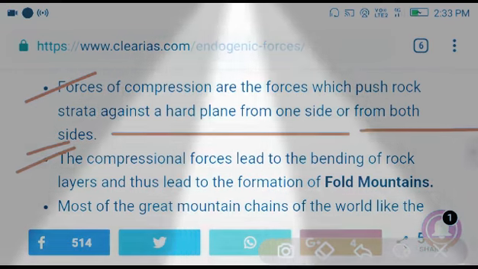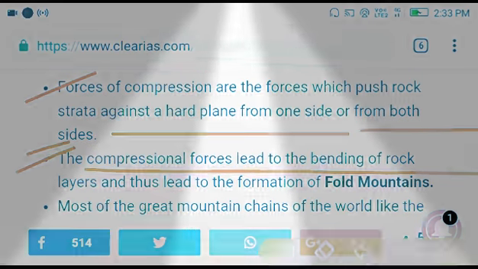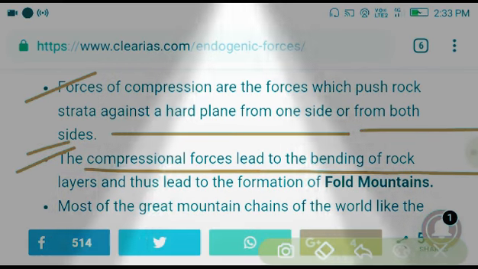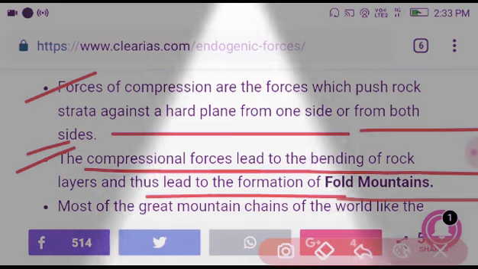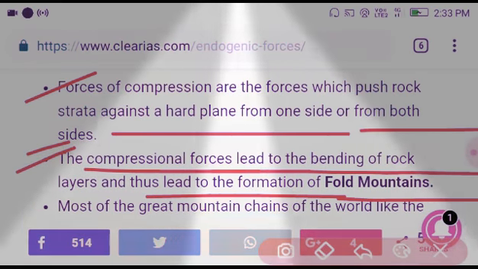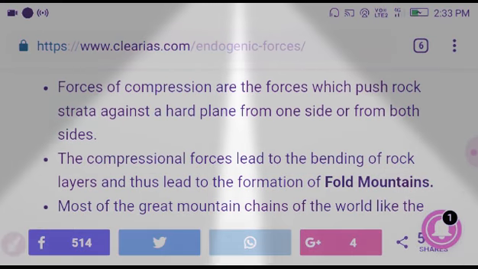The compressional forces lead to the bending of rock layers, and thus lead to the formation of fold mountains.